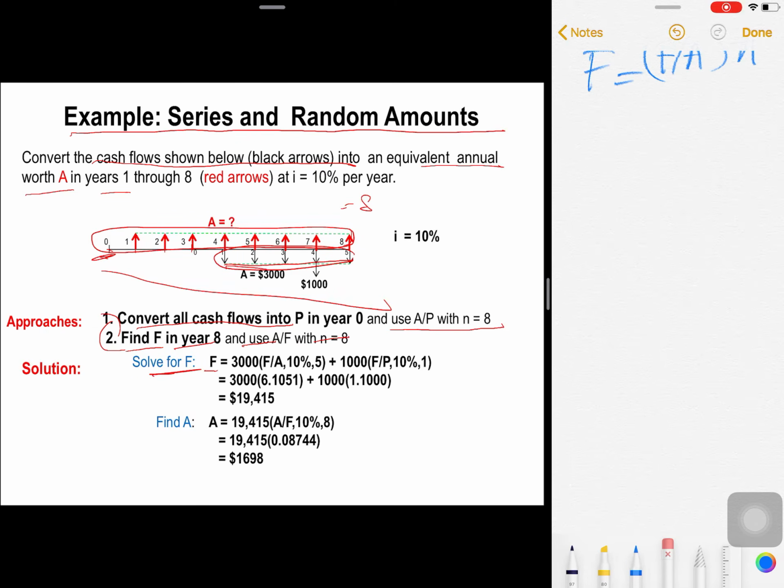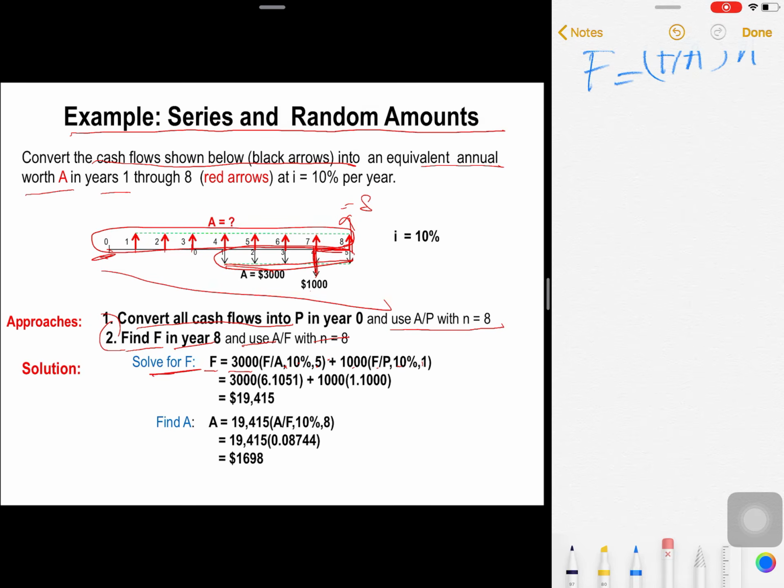Solving for F, F is equivalent to the value of A, 3,000, times F of A, 10%, 5 periods, plus the value here, n equals to 7, 1,000, F of P, 10%, 1.